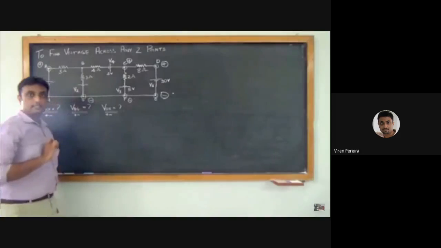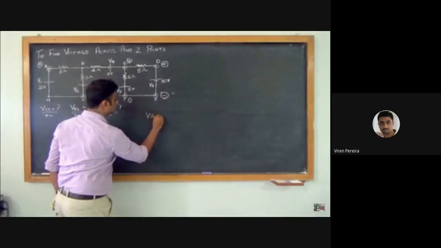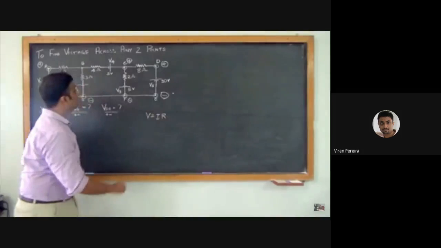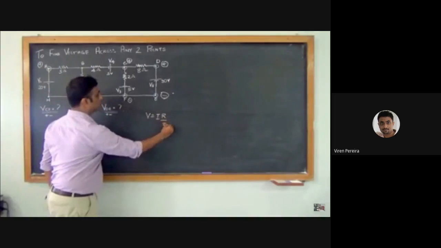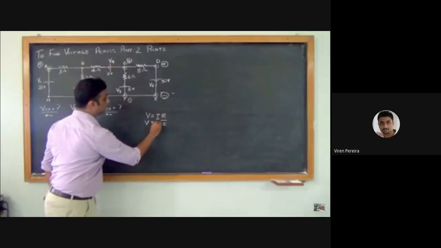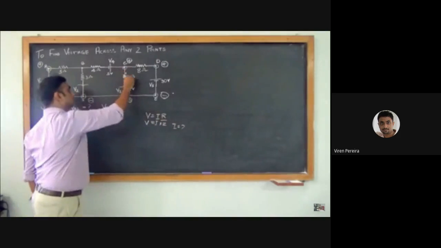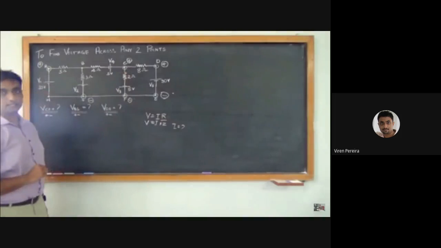Now according to Ohm's law, we have V equals I into R. R value is already given, it is 2 ohms. We don't know the voltage and the current is also unknown. So basically we need to find out the current in this 2 ohms resistor.